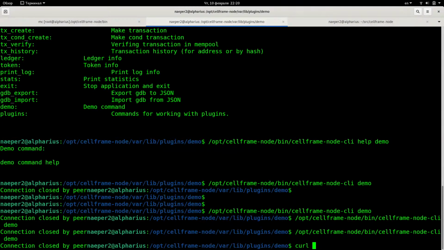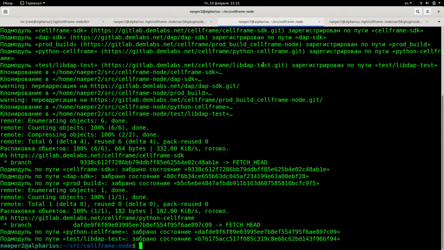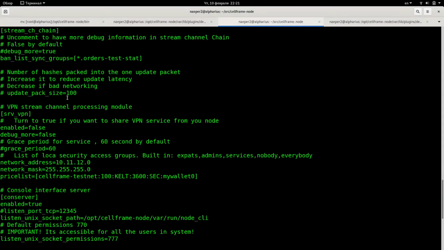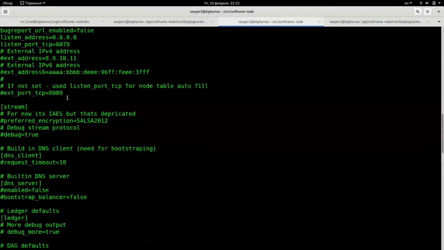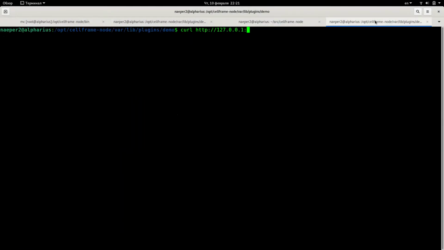Curl HTTP 001. Here I forgot the port number. 8079.